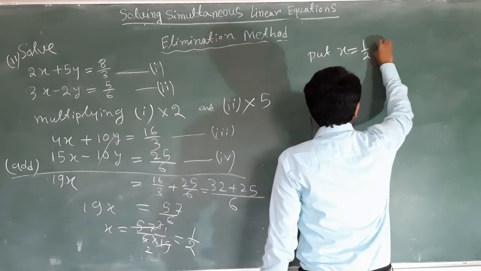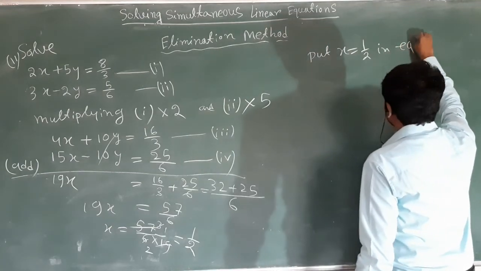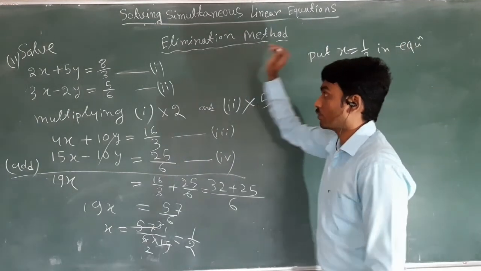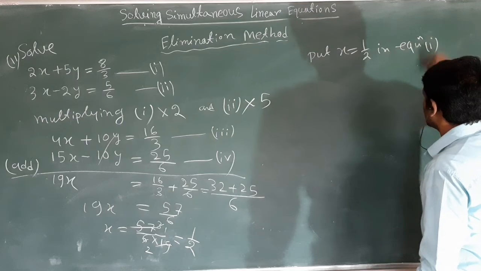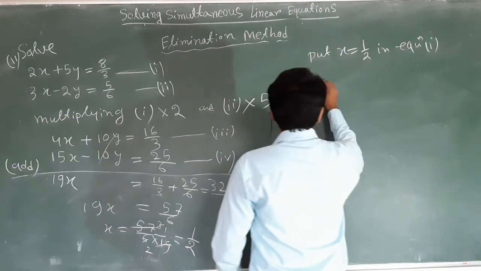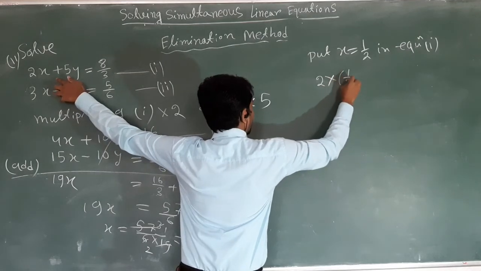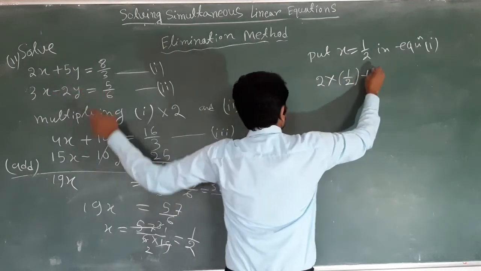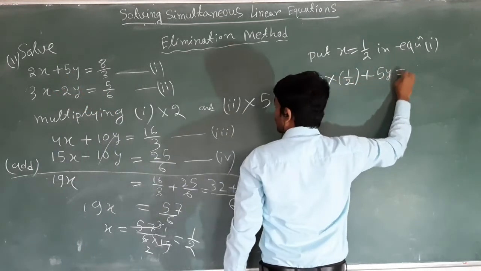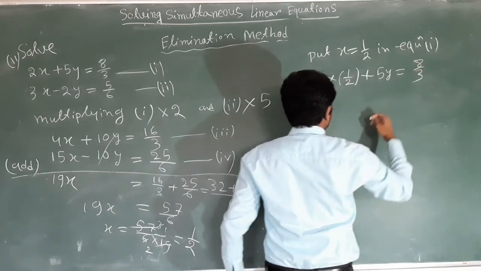Next we put x equal to 1 upon 2 in equation 1. Then we get 2 into 1 upon 2 plus 5y is equal to 8 upon 3.